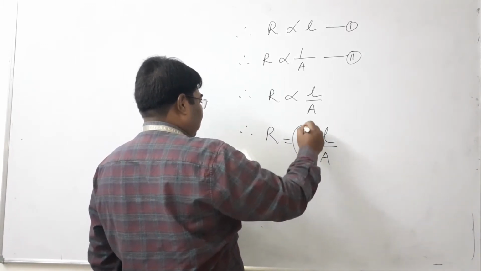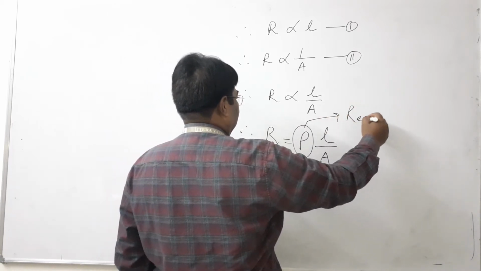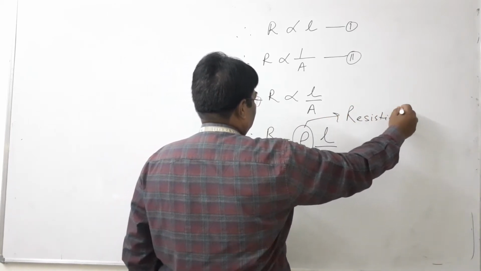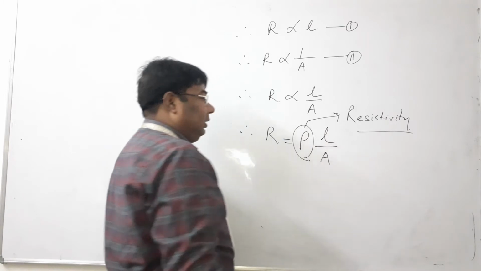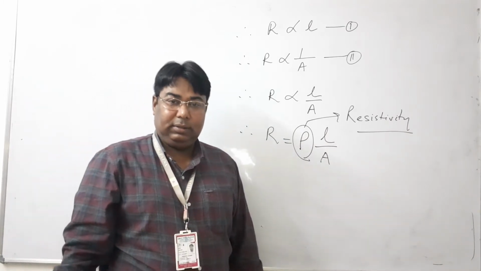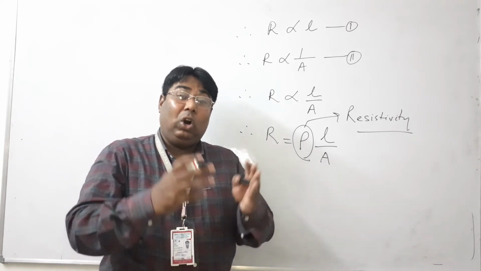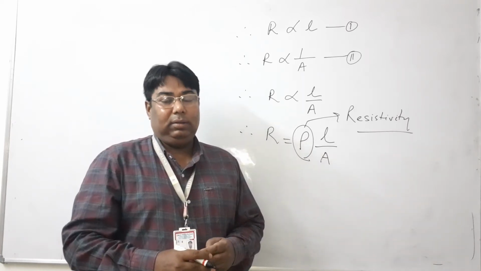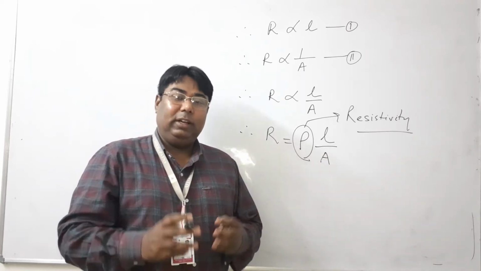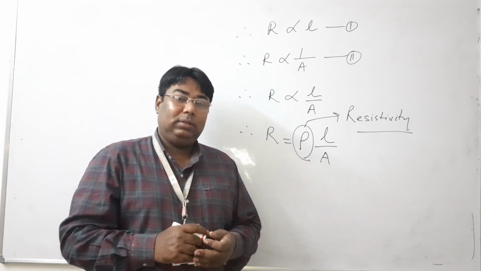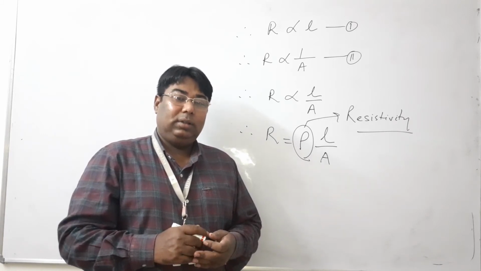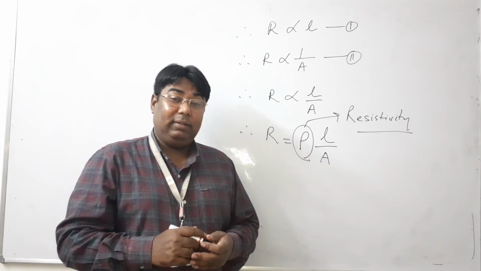What is rho? Rho is the resistivity. Resistivity is a material constant. The resistivity of silver is the lowest among all known metals. Therefore, silver is a good conductive material.